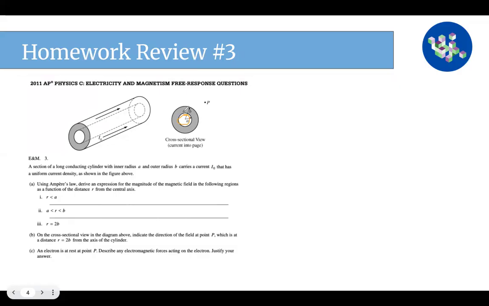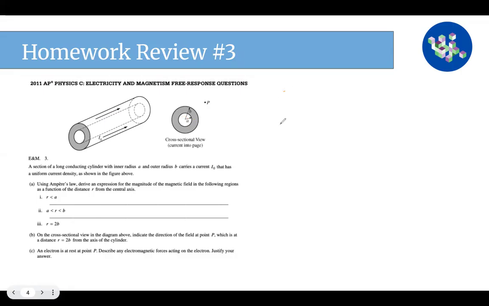So in the region within the section that has current, well, if I make an Amperian loop over here and it has radius small r, then I'll have B dot dl, right? Let me just write the integral form for you.